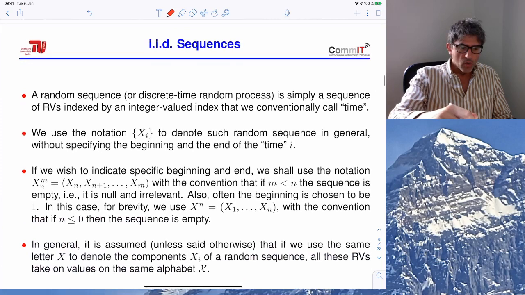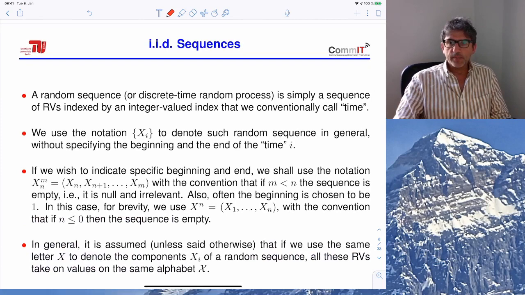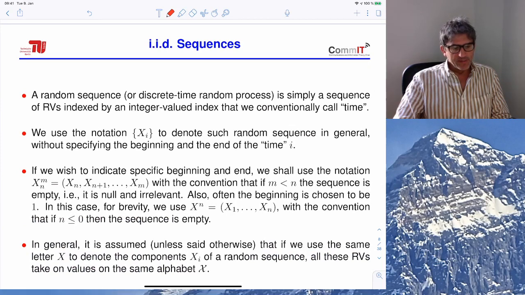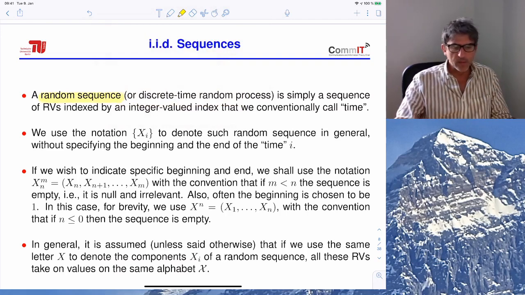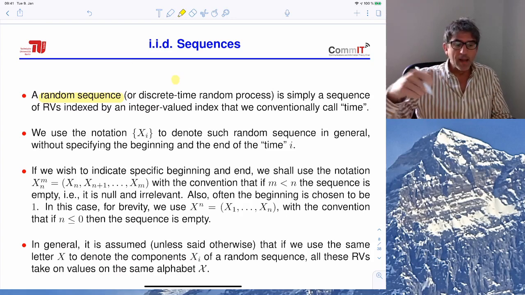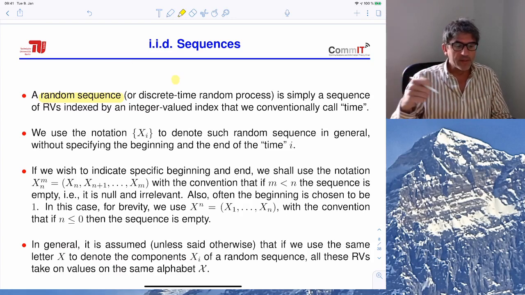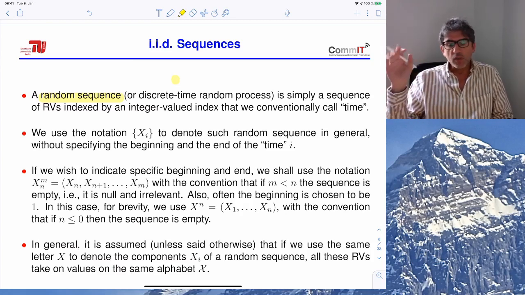Okay. So now that we have defined the concept of statistical independence, we can also introduce the concept of IID sequences. So, first of all, what is a random sequence? A random sequence is simply a sequence of random variables indexed by a discrete index that takes integer values 1, 2, 3, 4, 5, that conventionally we can call time.